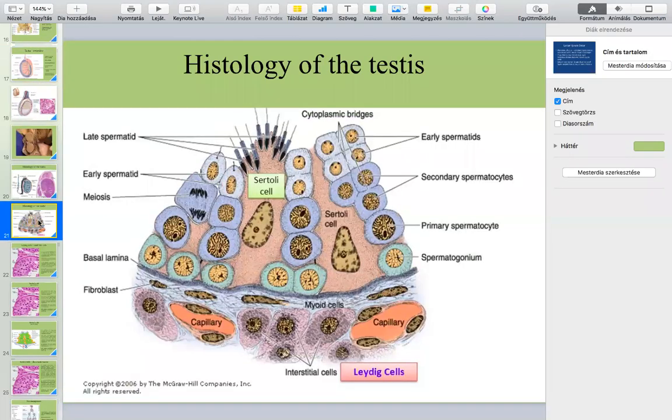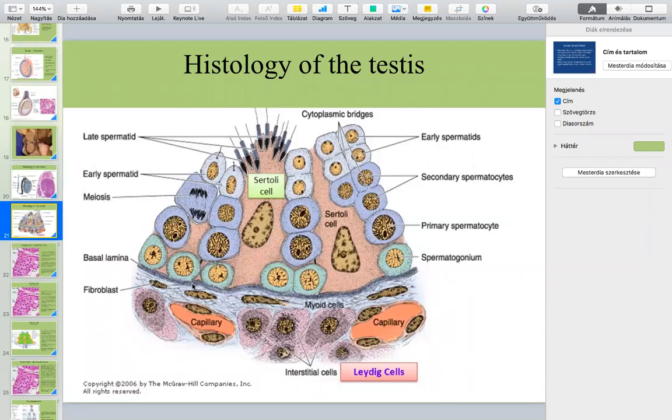There is another thing. I want to show the schematic drawing about the cellular types in the seminiferous tubules. In the tubules, we have different types of cells, differently matured cell types. This is the wall of the seminiferous tubule.